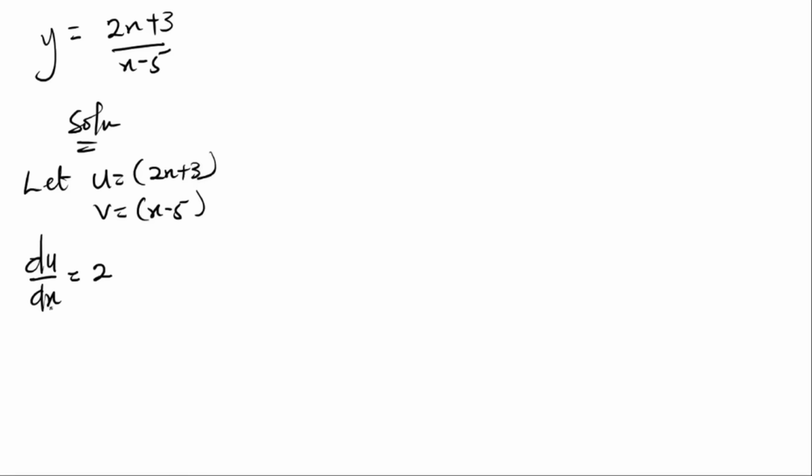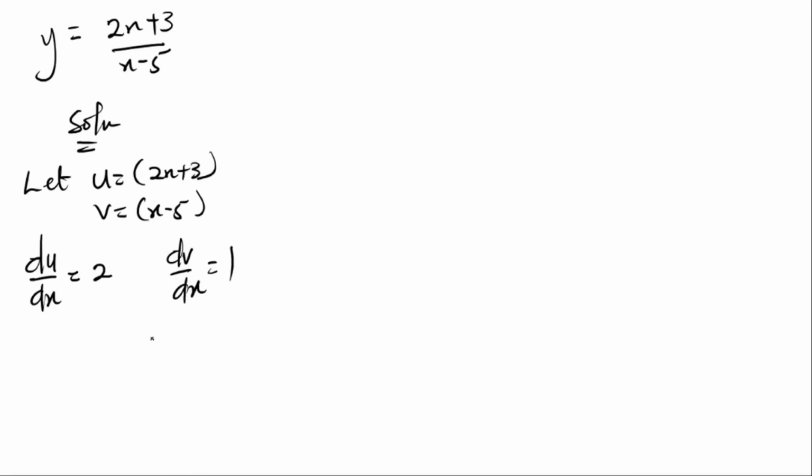So du/dx is 2. If we differentiate v, dv/dx is equal to, this is x, we get 1, and this is a constant, we get 0. So dv/dx is equal to 1.